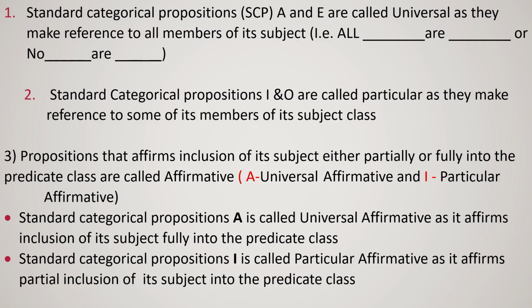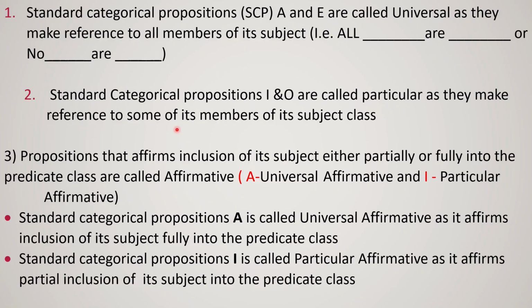The standard categorical propositions, also denoted as SCP: you are going to note that A and E are called universal as they make reference to all members. A, remember, is all S are P, and E is no S are P. So they are called universal as they make reference to all members of the subject, which are either included or not included in the predicate.